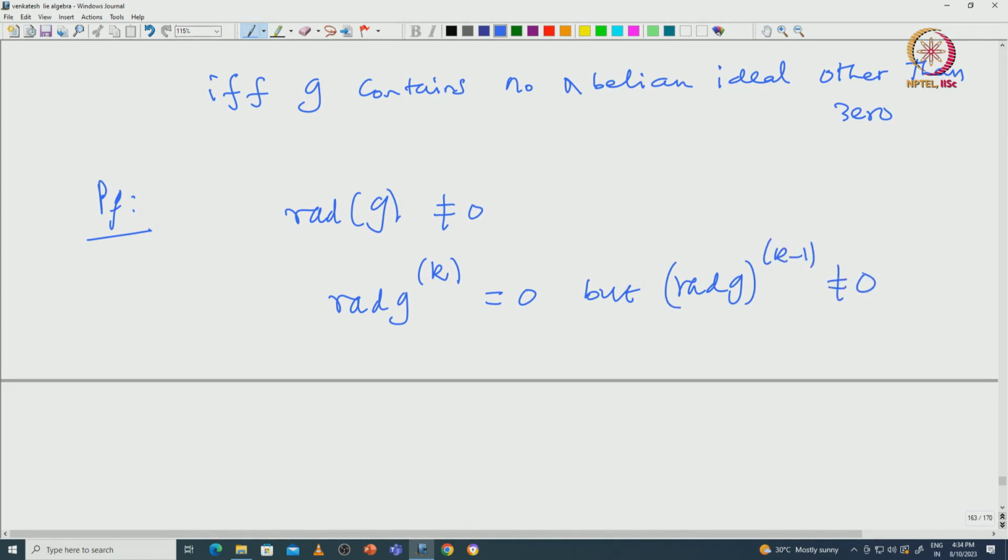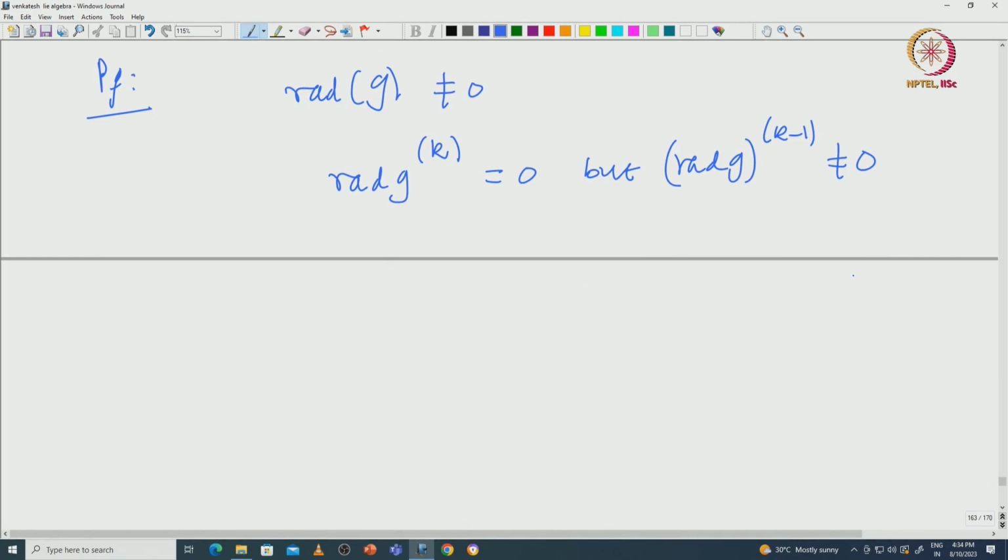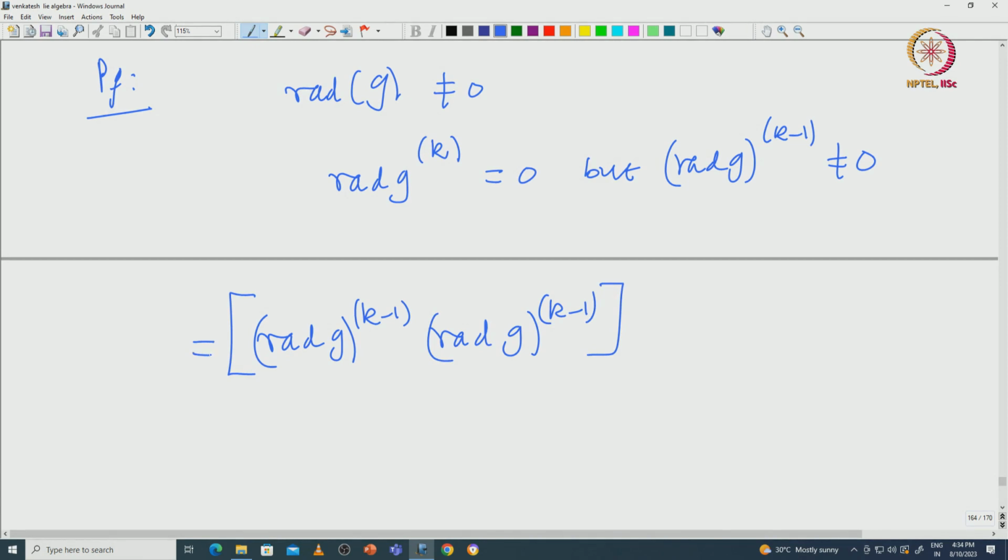I can choose such a k. But note that if you take the bracket of radical G power k minus 1 with itself, by definition of the derived series, this is nothing but radical G power k, which is 0. So, that says that radical G power k minus 1 is abelian.